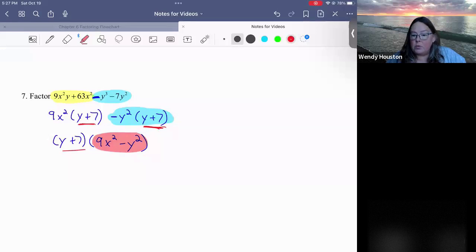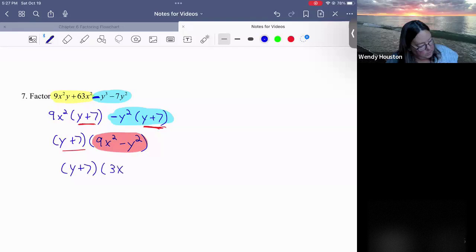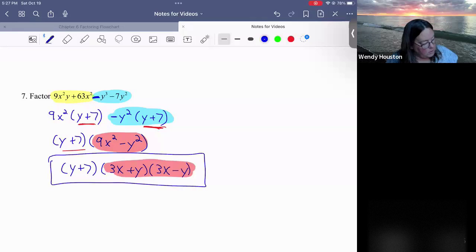So I'm looking at that with 2 terms as another possible difference of squares. And I see that all of those are perfect squares. So I can break that down into 3x plus y times 3x minus y to break down that red piece. And so that gives me my final results right here.